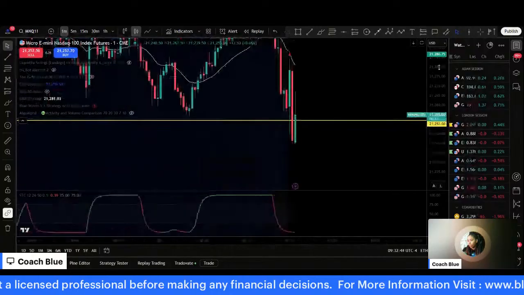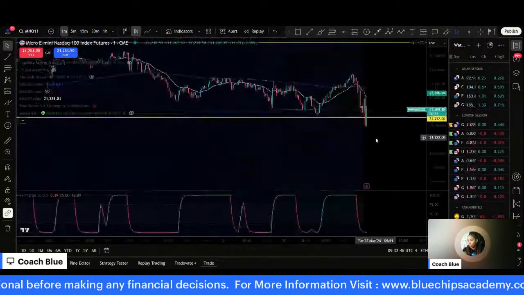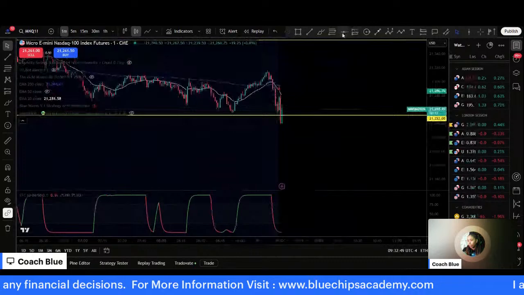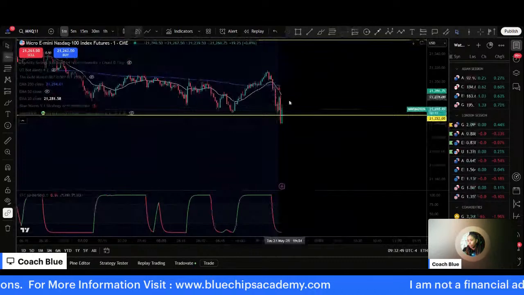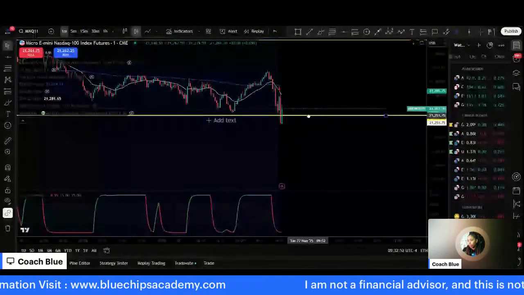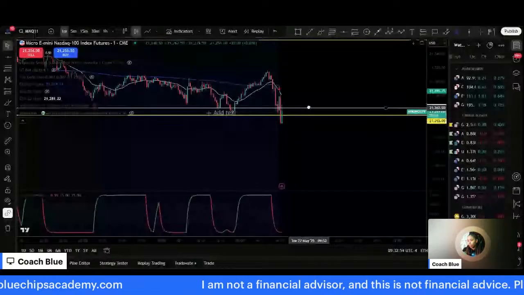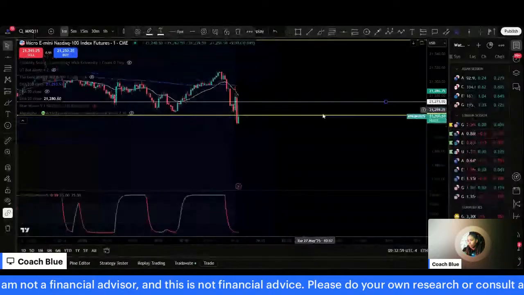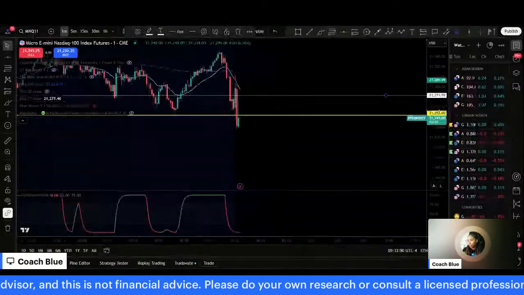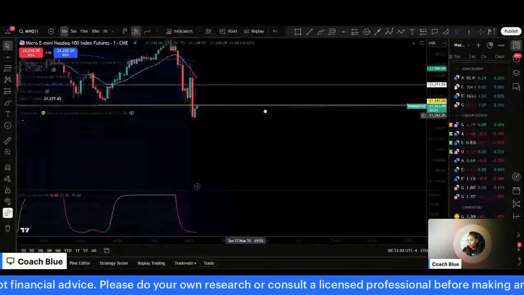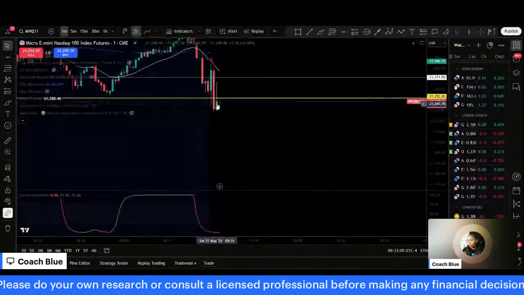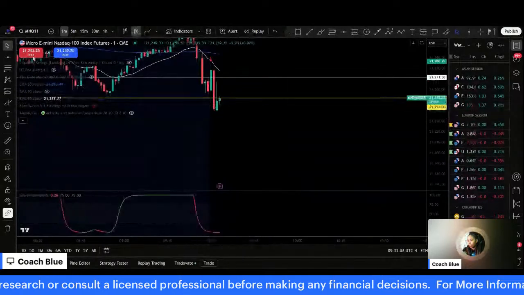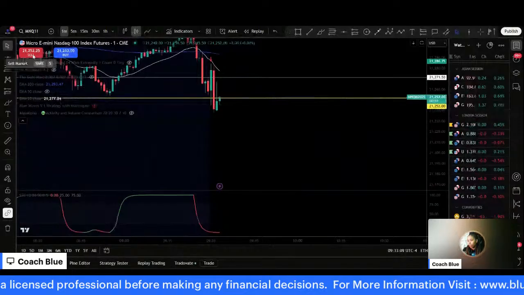So now if I do get into a sell, I'm just going to get a horizontal line right now because I don't have my stop loss right here in front of me right now. Let's see. I will put my stop loss right here, 21,271.50. Okay, so that was a valid pullback. It closed beneath the key level.